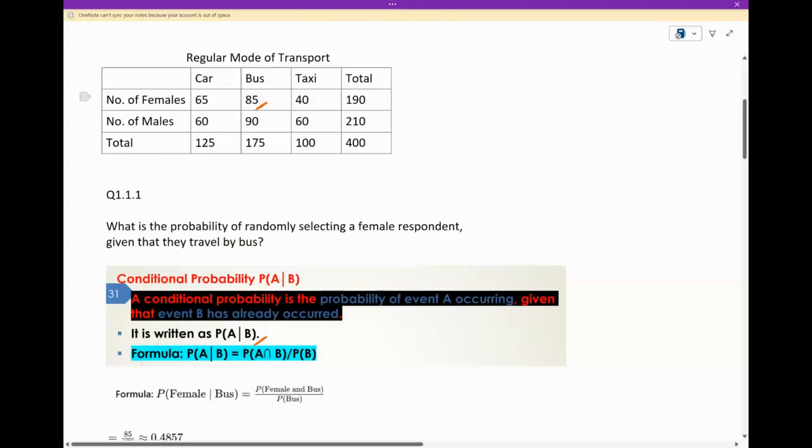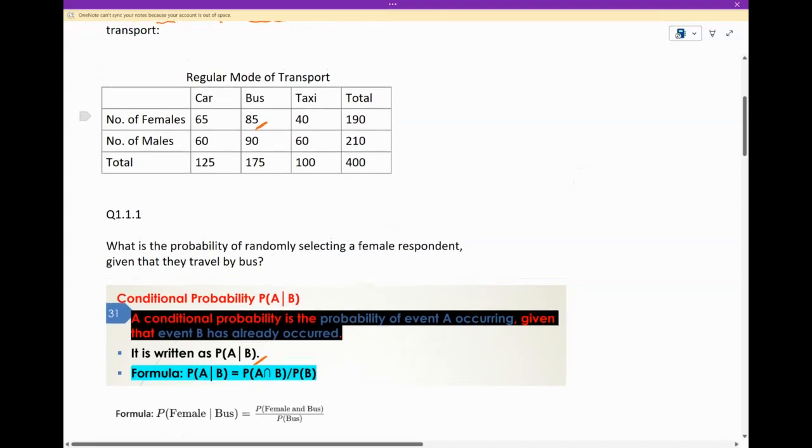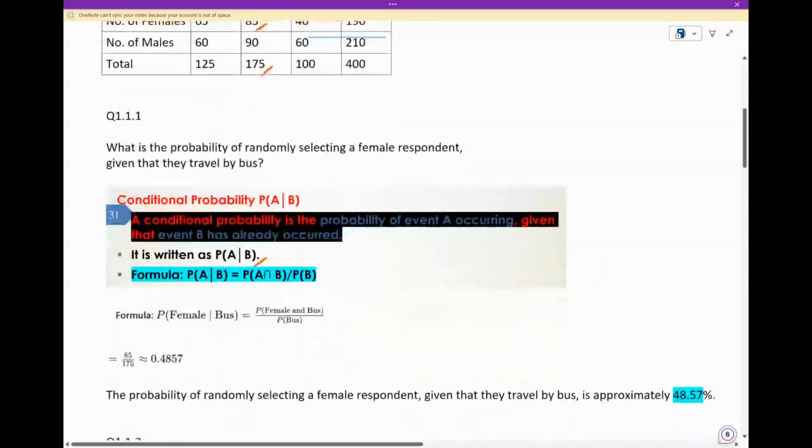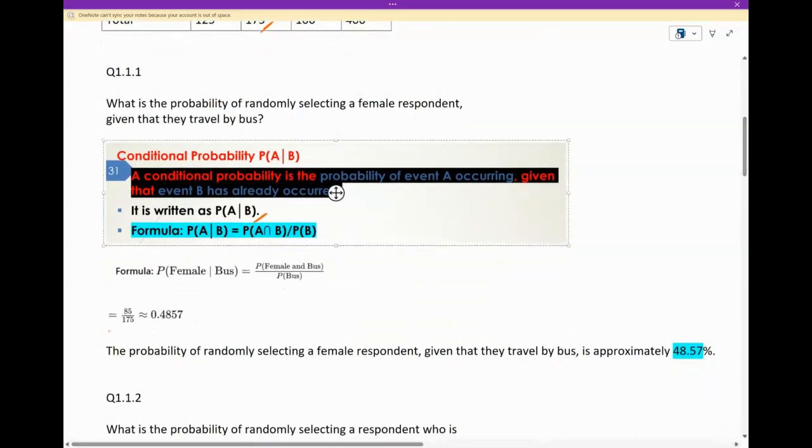Because these females obviously travel by bus, so they've met the condition. Does that make sense? But then we need to divide by the total number of buses. So here you can see, it's 85 divided by 175.